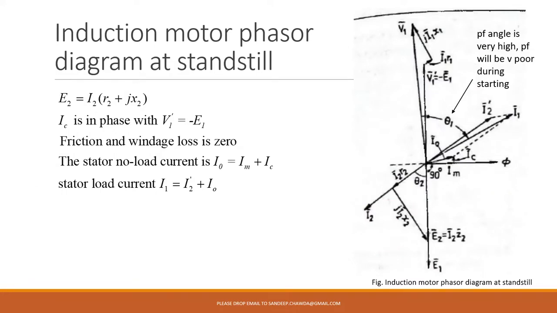With this basic phasor diagram concept, we are going to understand the phasor diagram for two conditions: standstill, when the rotor is not revolving, and when the rotor is revolving.